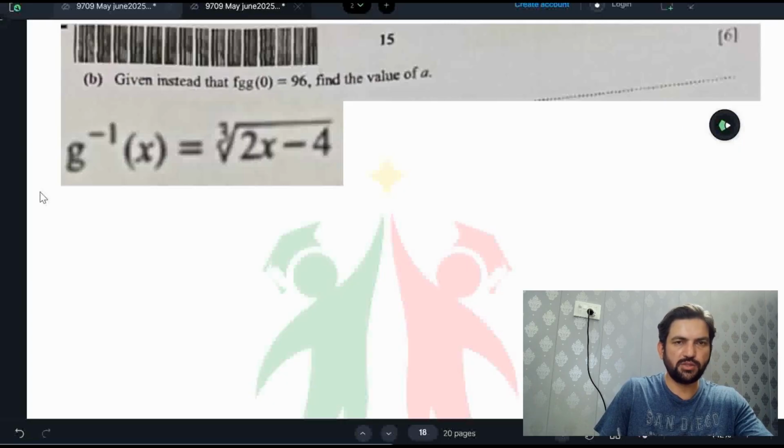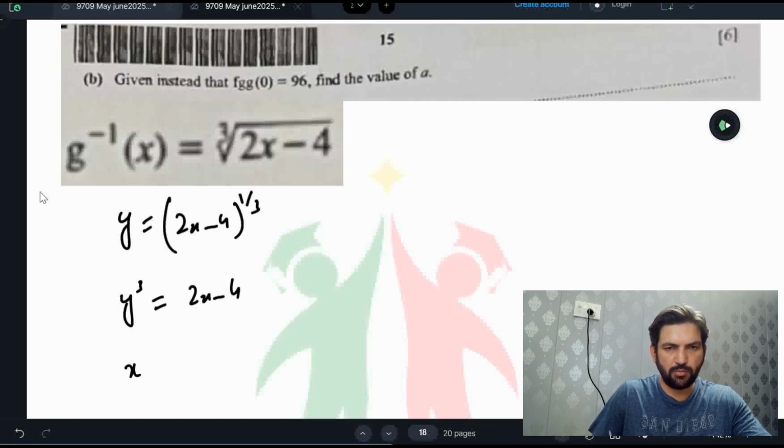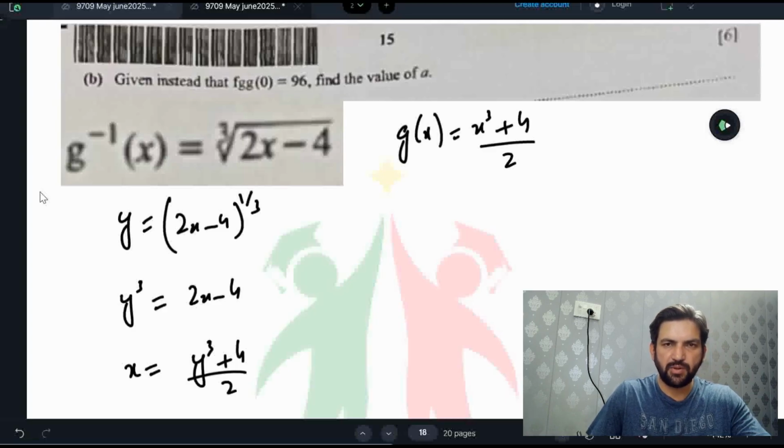So y is equal to (2x minus 4) whole power 1 by 3. So take cube on both sides. So y cube is equal to 2x minus 4. So x is equal to (y cube plus 4) whole divided by 2. Now from here we can say that g of x will be equal to (x cube plus 4) whole divided by 2.